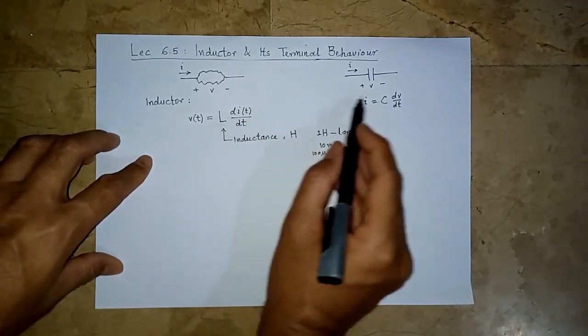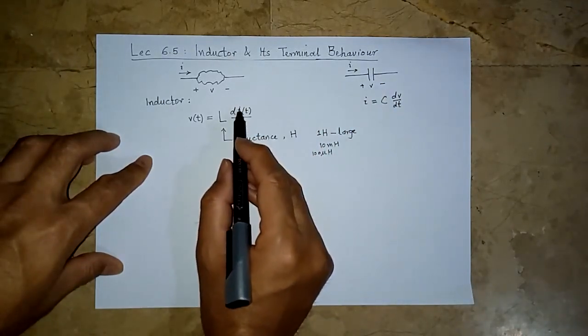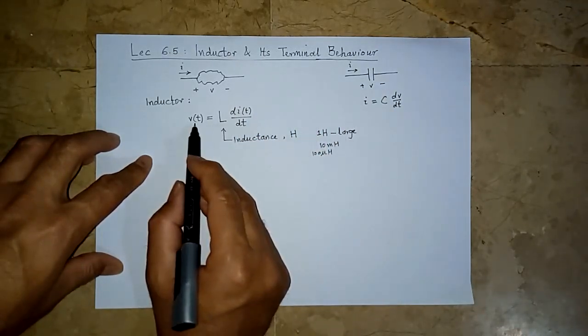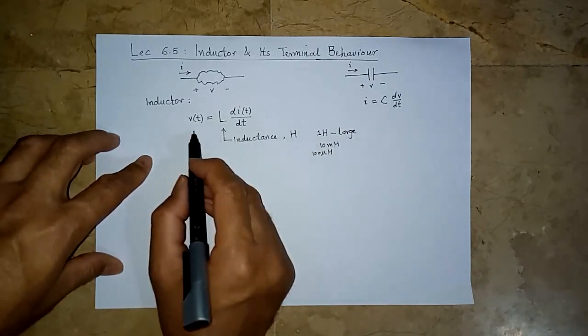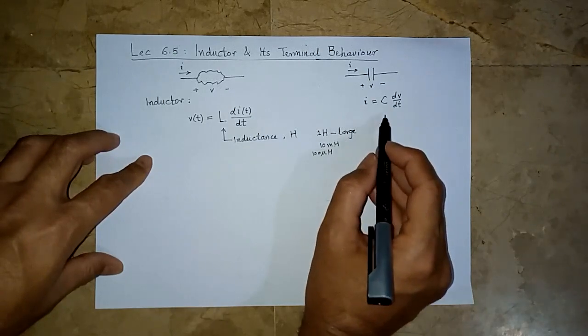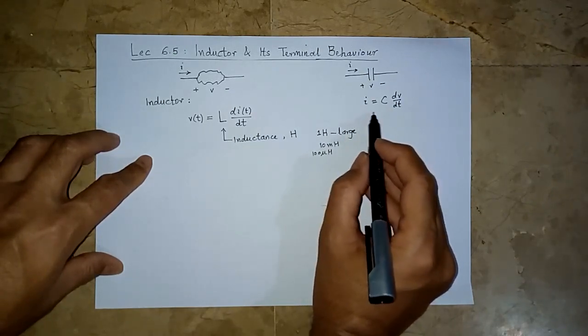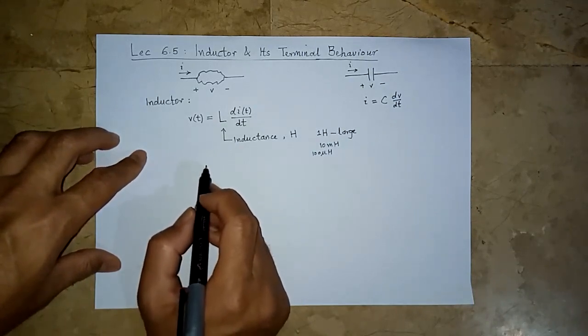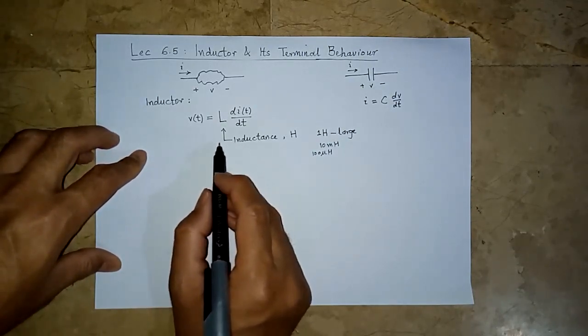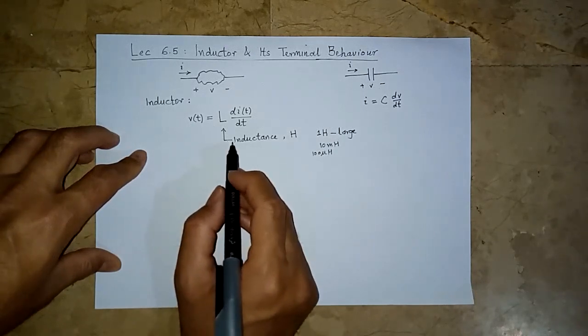But here you can see that V has been replaced by I, the I has been replaced by V, and this proportionality constant has changed. So the nature of this expression is similar to this one. So whatever we have developed on this expression can be developed on the same expression, and I'm not going to follow all those steps for this case here.